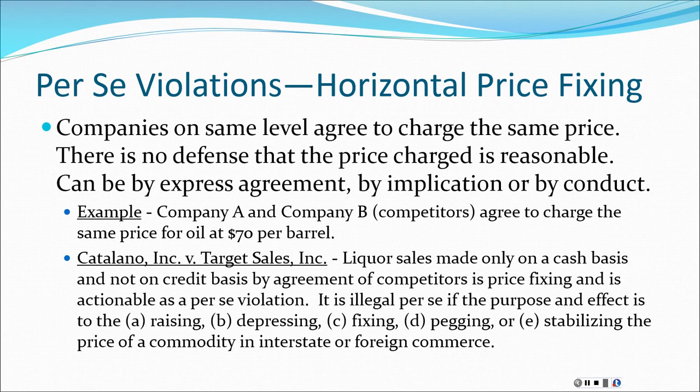For example, if Company A and Company B, suppose they are oil producers and they're competitors, agree to charge the same price of oil at $70 per barrel.